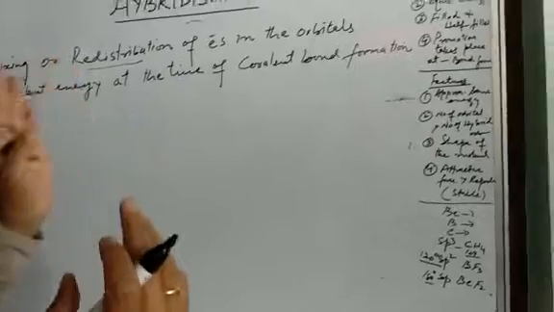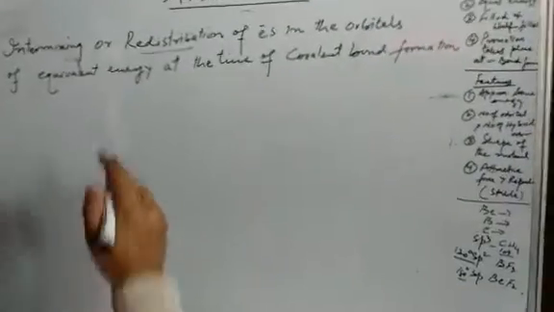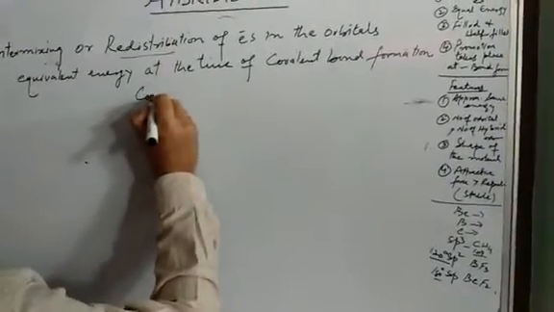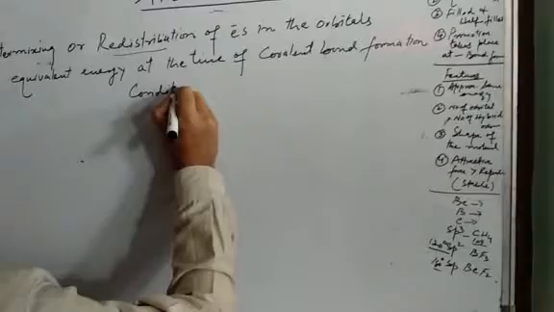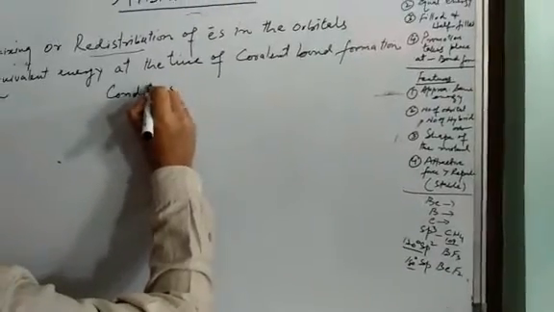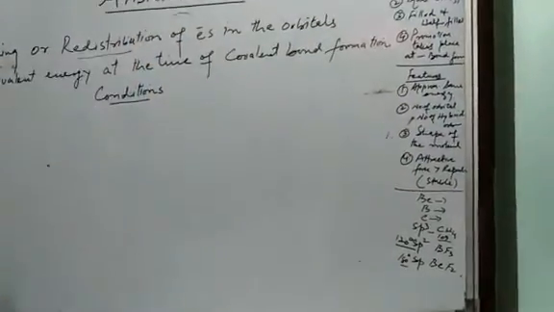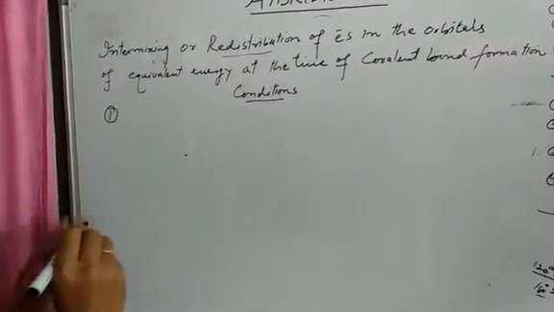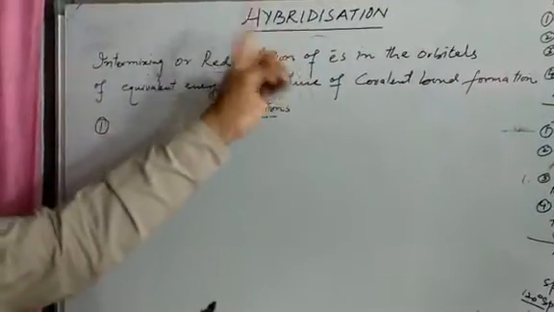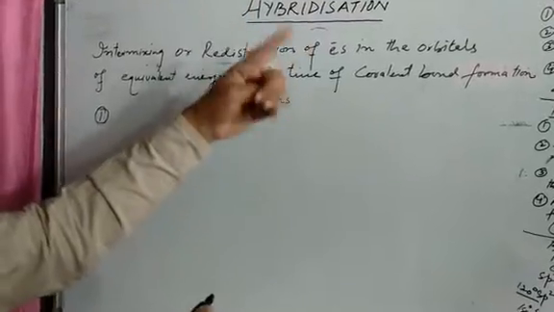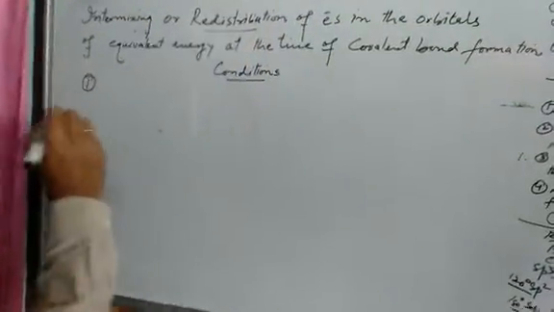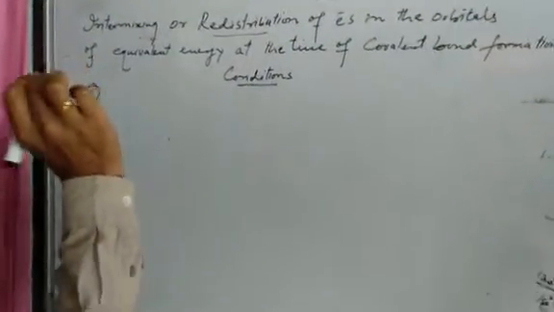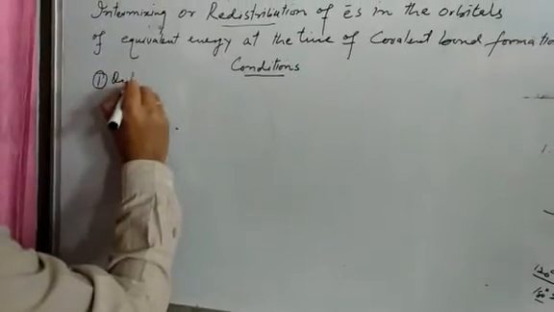Now when this intermixing takes place, there are some conditions which must be followed. For hybridization to take place, some conditions are necessary. What are those conditions? The first condition is that the concept of hybridization takes place only in valence electrons.